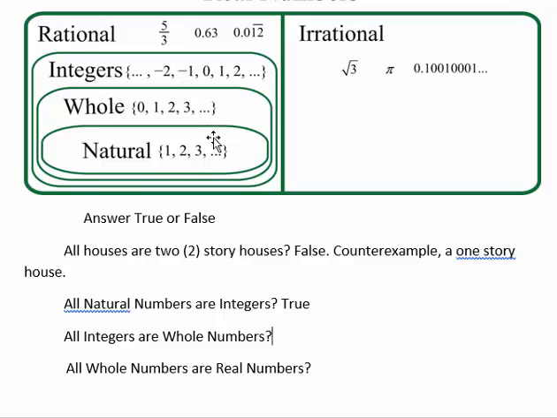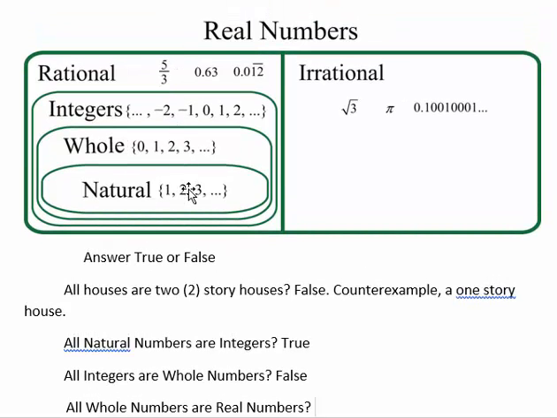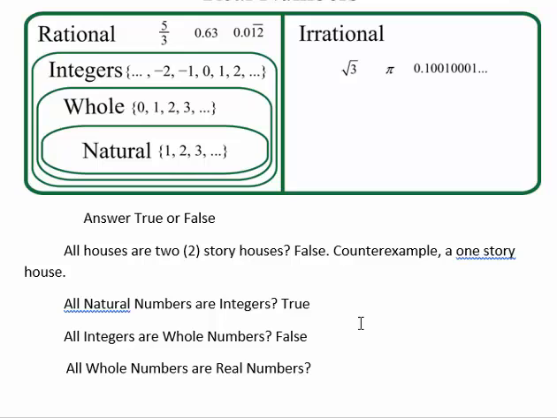Now you can see the -1 is an integer, but it is not a whole number. So there's a counterexample. It is not true. It is false that all integers are whole numbers. And finally, we have all whole numbers are real numbers. Well, there's the whole numbers, and we know that real numbers are any number on the number line, and certainly whole numbers are on the number line. So that's true.